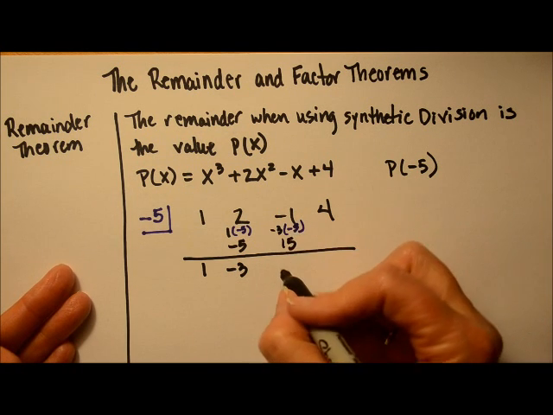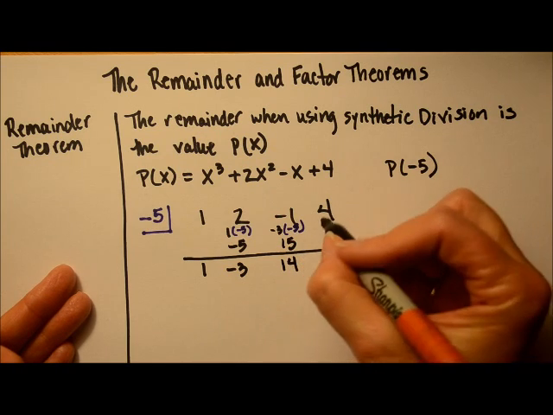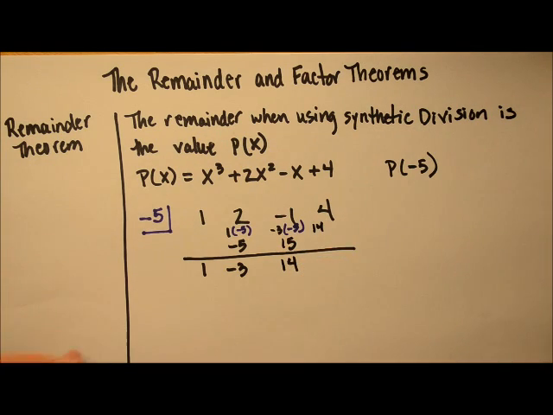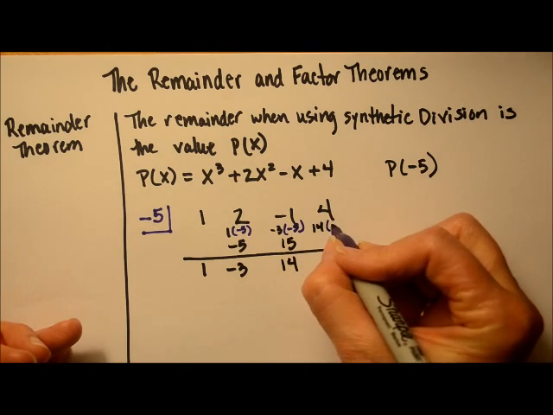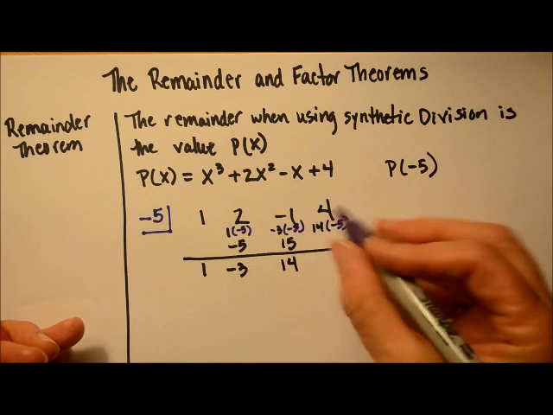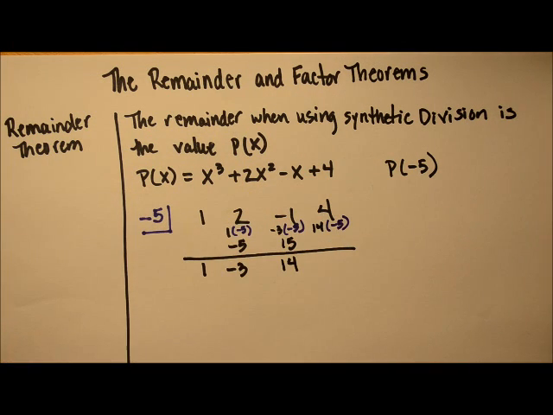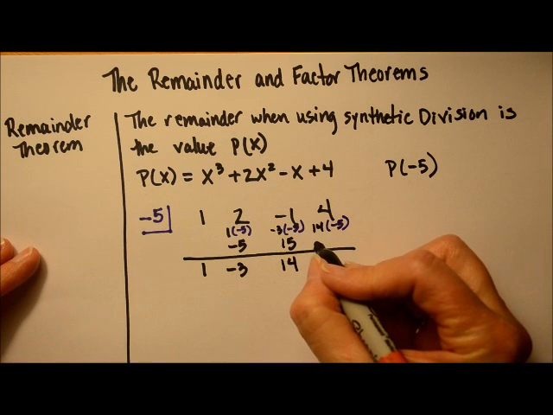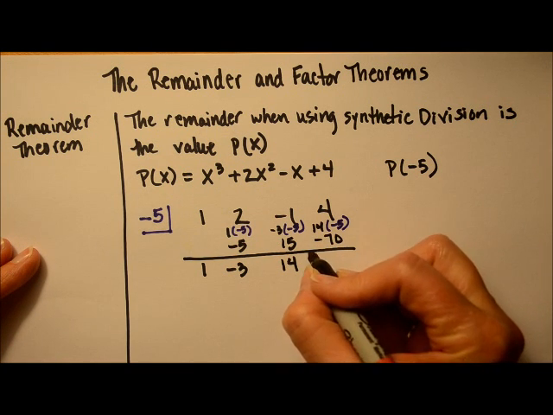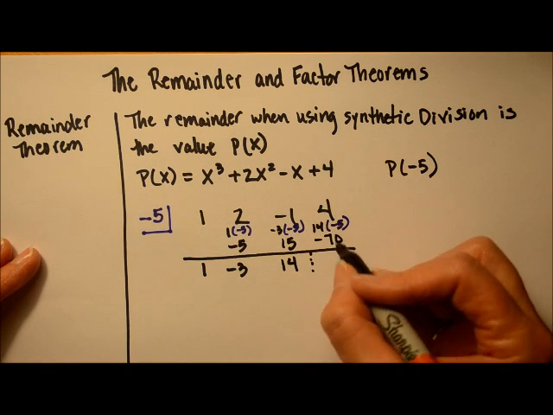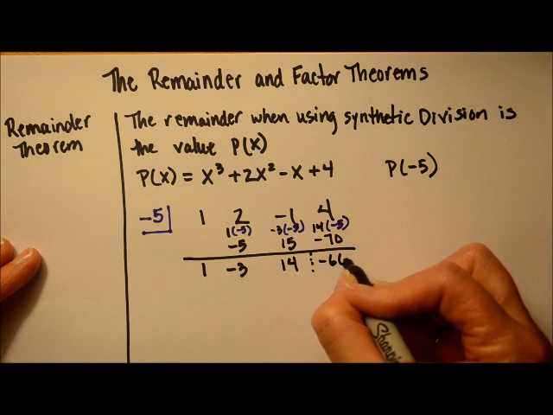I'm going to add, and I end up with 14, and then 14 times that C over here in the box. I'll get a new number, it's negative 70, and my remainder, which is this last one, is negative 66.